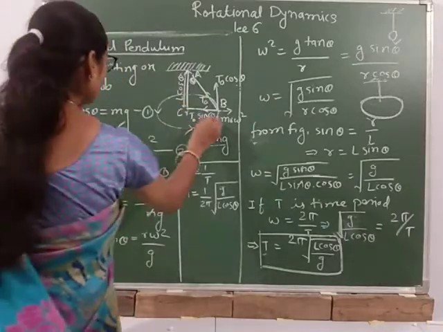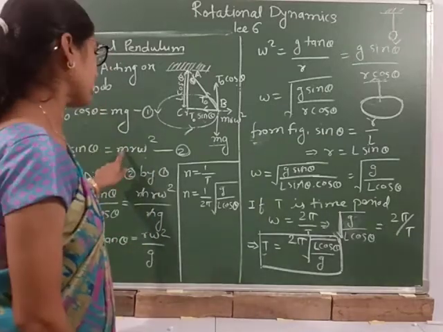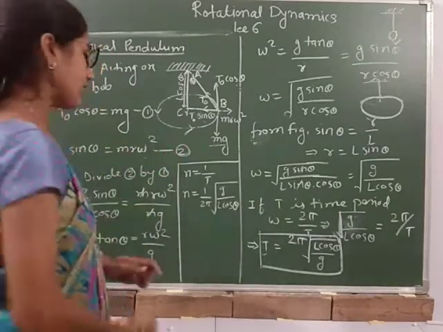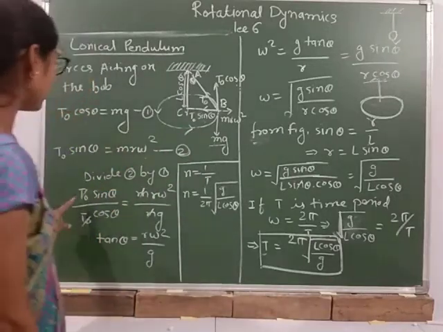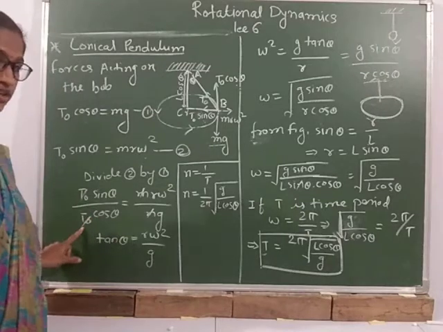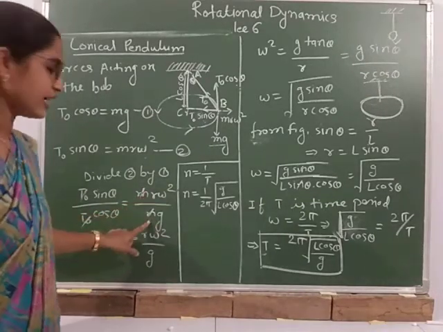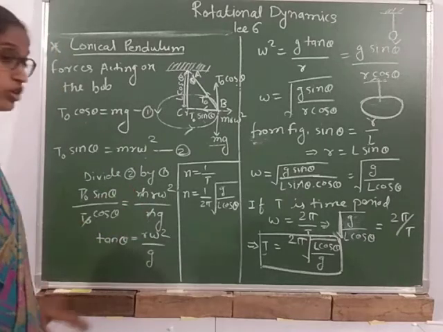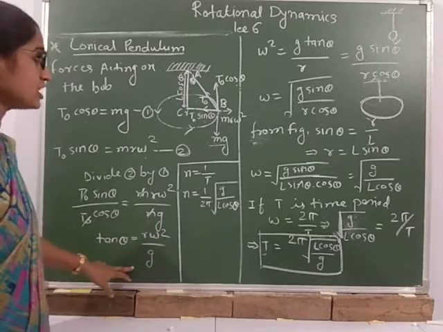So T0 sin theta is equal to the centripetal force, which we also know as m r omega square. Now divide equation 2 by equation 1. We get T0 sin theta upon T0 cos theta equal to m r omega square upon mg. Here m gets cancelled. What is left? tan theta is equal to r omega square upon g.